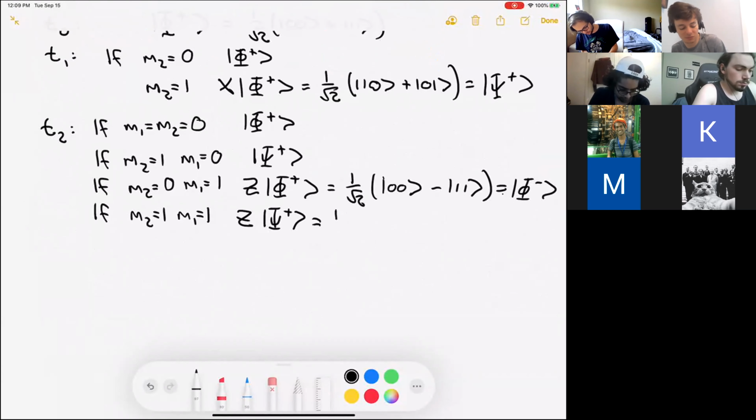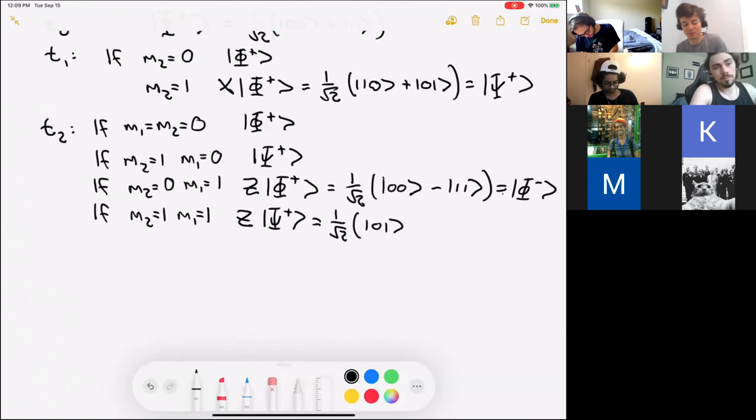What happens to 01 when we apply Z to the first qubit? Come on, someone. Say 01. Stays 01. What about 10? It gets a minus sign in front of it because the first qubit is in state 1. And so this is, as someone said in the chat, psi minus.